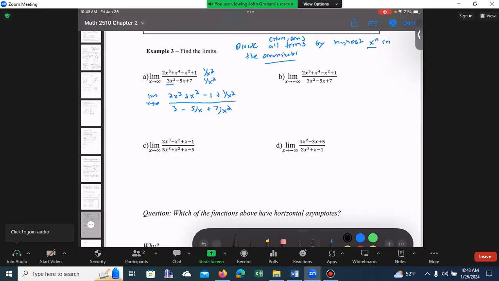Now we apply the rule as x goes to infinity or negative infinity. What happens to these fractions? This goes to 0, this one goes to 0, and this one goes to 0. So now we have the limit as x goes to infinity of 2/3 x cubed plus 1/3 x squared minus 1/3.